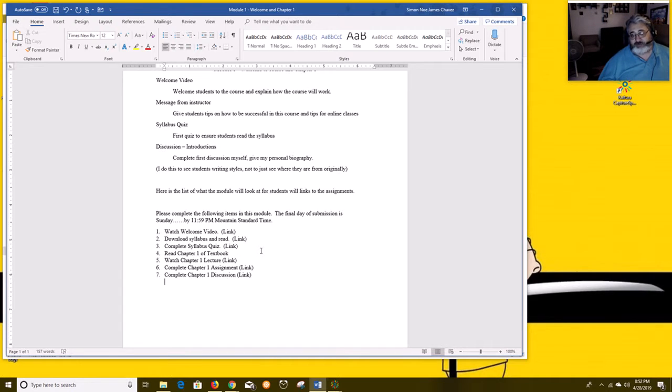Step 4, of course, will be read chapter 1 of the textbook. I'll explain to the students that they must have a textbook in order to be successful in the course. Usually I have students email me and ask me, do I really need the book? Yes, of course. Then, after they've read the textbook, I will do a chapter 1 lecture. It'll be in the same format that I am doing now with you on this demonstration.